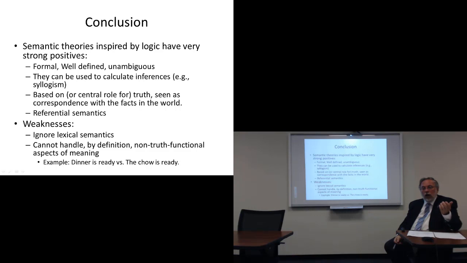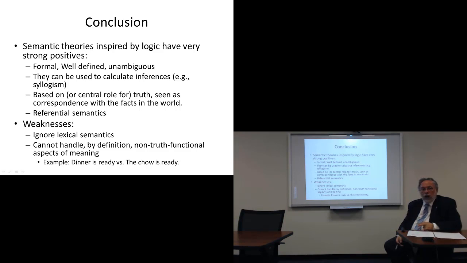And then, because it can only analyze the truth of sentences, it's very bad at looking at parts of the meaning that don't depend on the truth. And you may say, wait, there are parts of the meaning of sentences that don't depend on their truth? Absolutely.